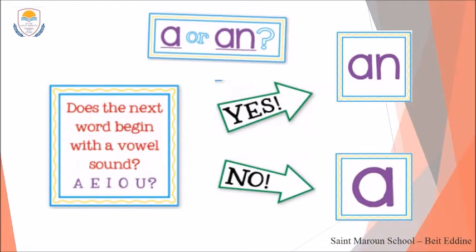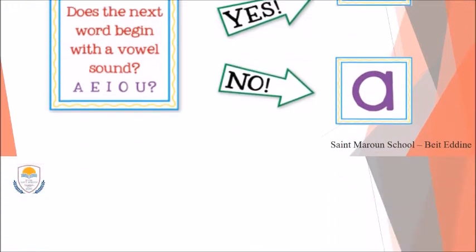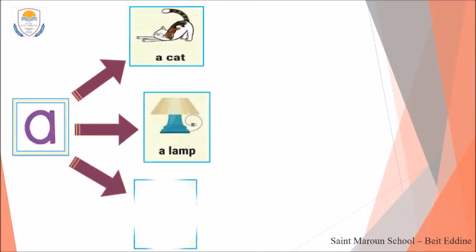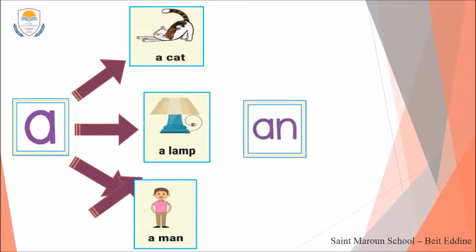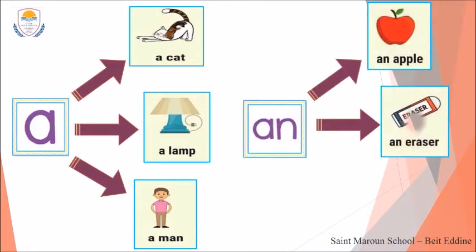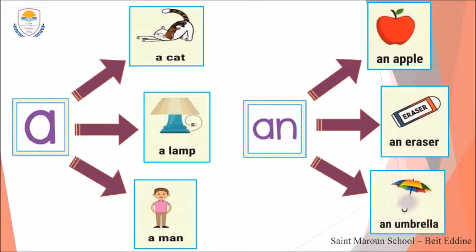Let's see some examples. Using a like a cat, a lamp, a man, and using an like an apple, an eraser, and an umbrella.